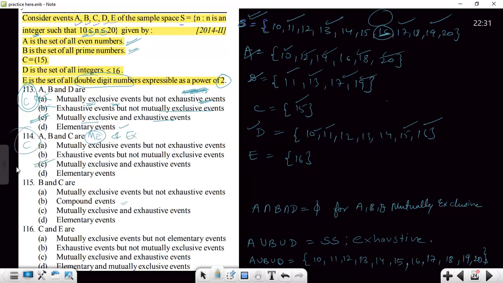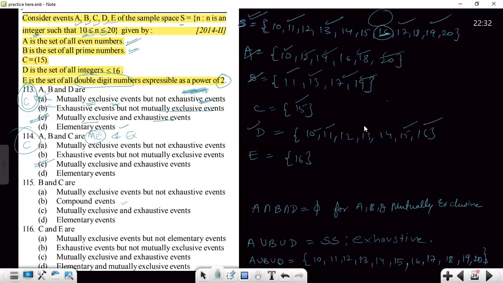What about 115? Option B and C. Let me check.